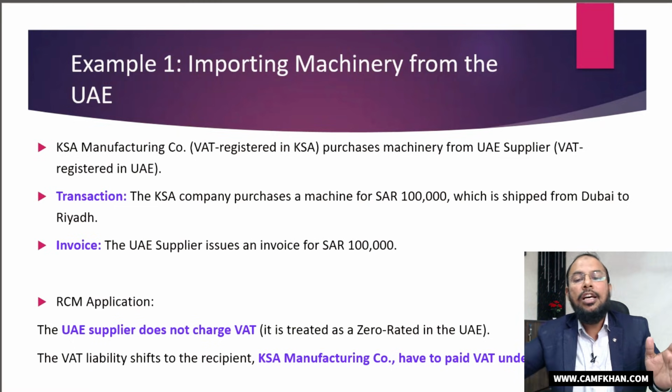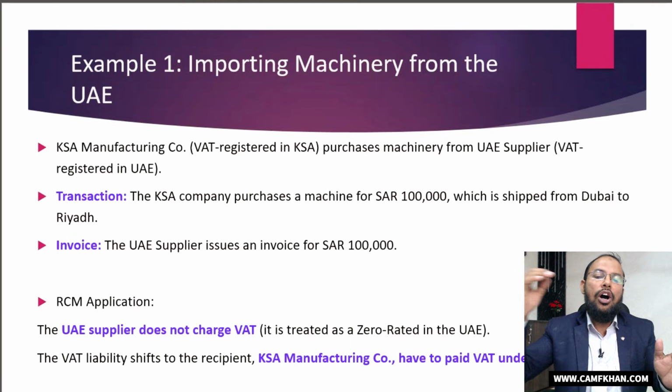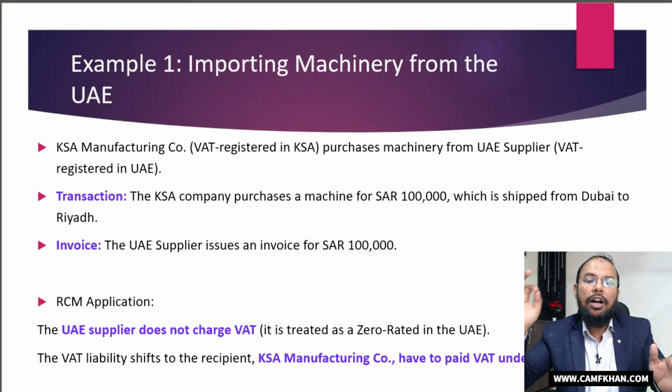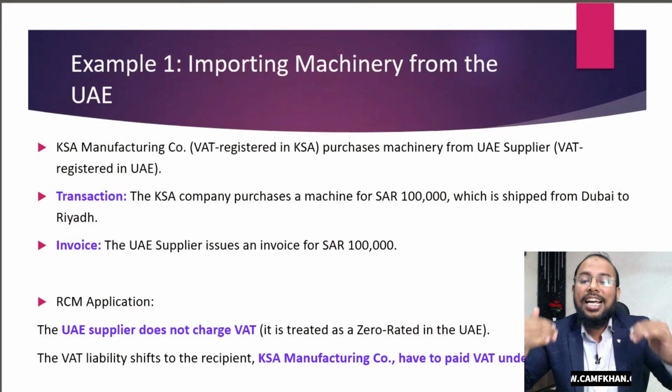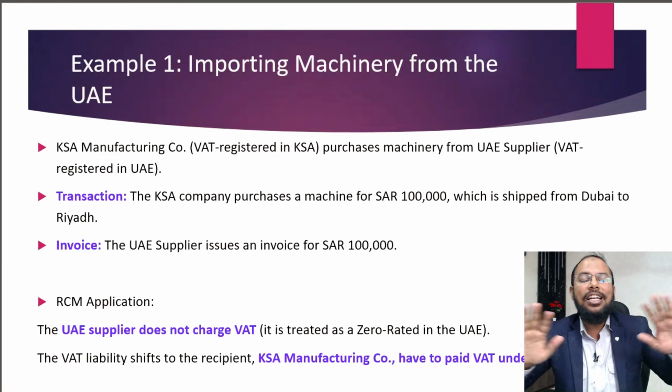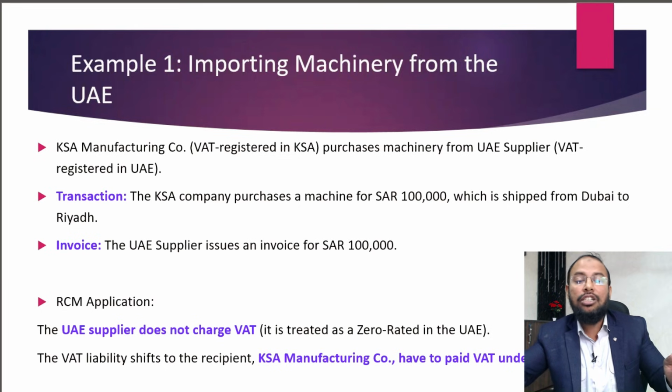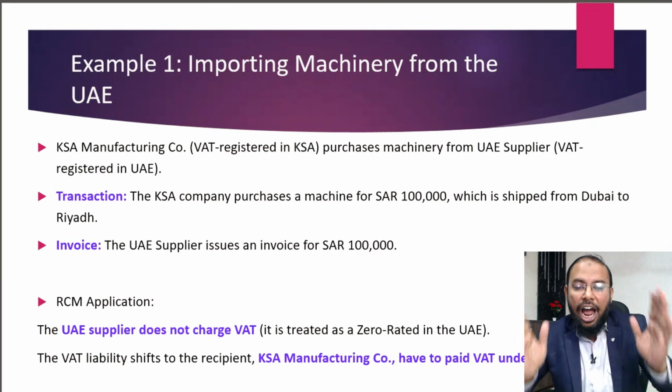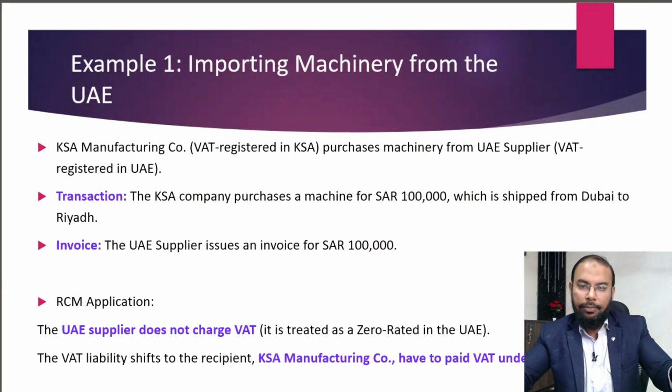That invoice will be zero rated, because in UAE if you are exporting any goods outside UAE, that will be zero rated. But in KSA, the VAT implication on you is RCM. RCM is applicable on you. The UAE supplier does not charge any VAT because that is zero rated. But you are a KSA business, so a KSA person has to pay VAT under RCM.